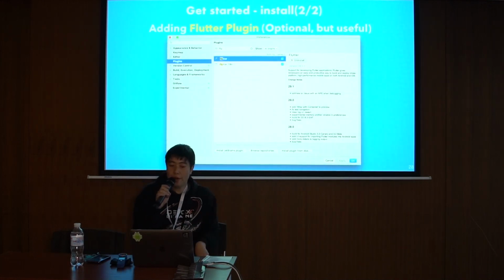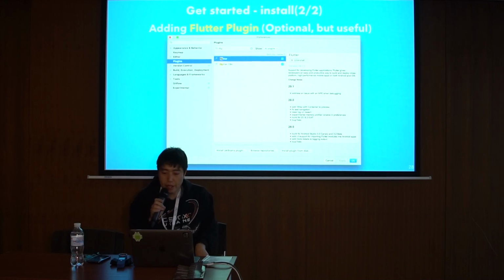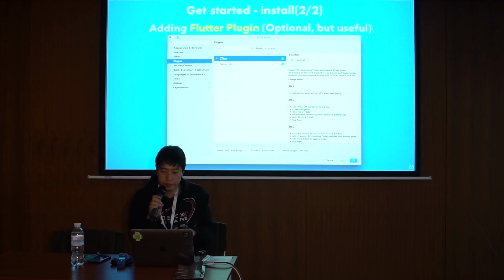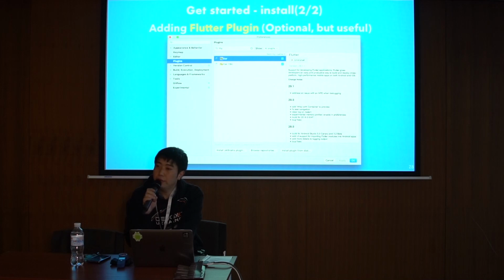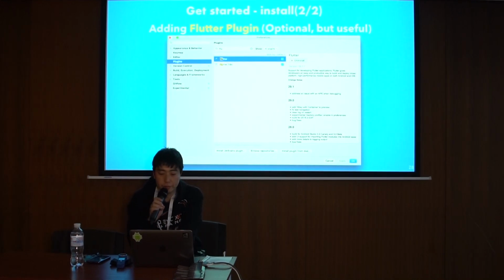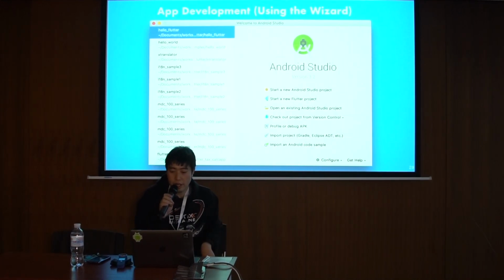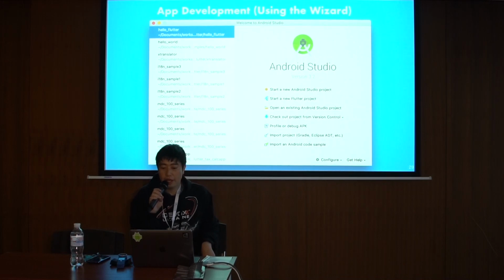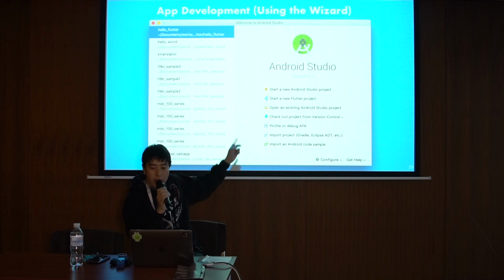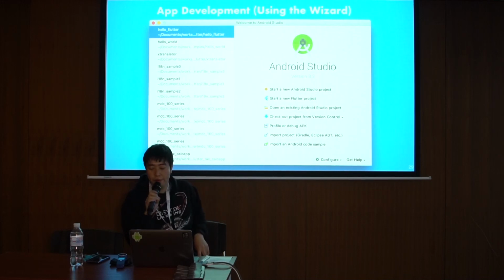To speed up our environment, the Flutter plugin for Android Studio is very useful. After installing this plugin, our Flutter application development gets faster. After installing the Flutter plugin, Flutter application shortcuts will be shown on the Android Studio top menu.